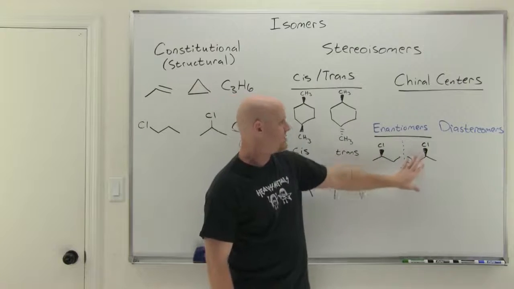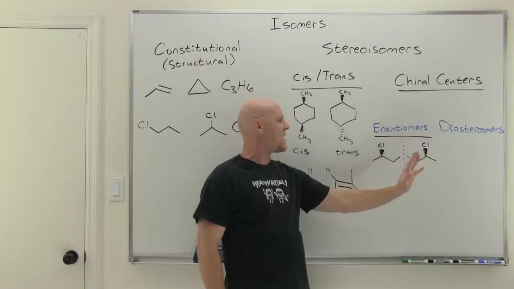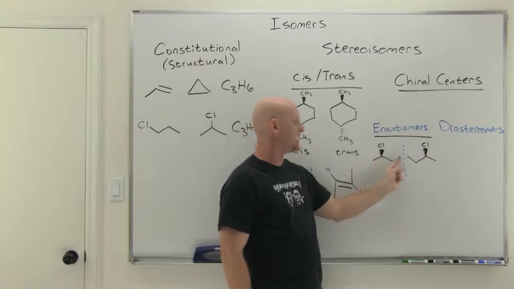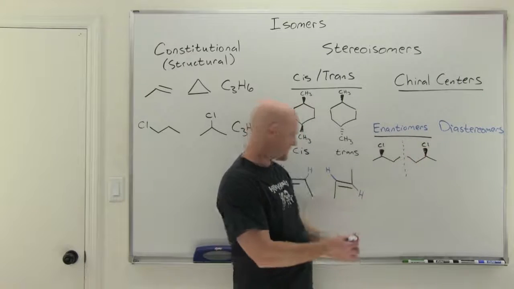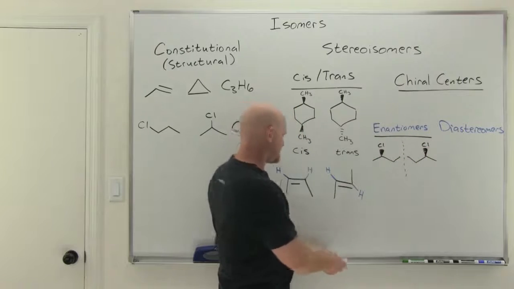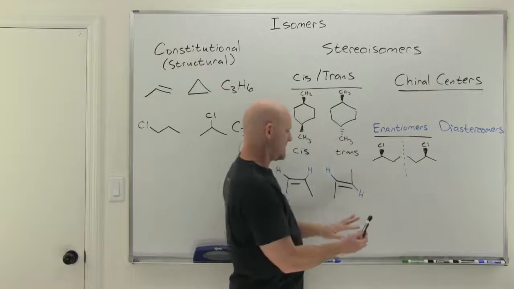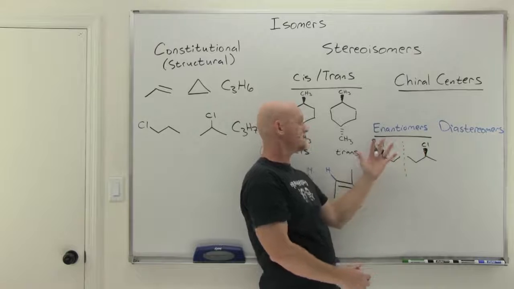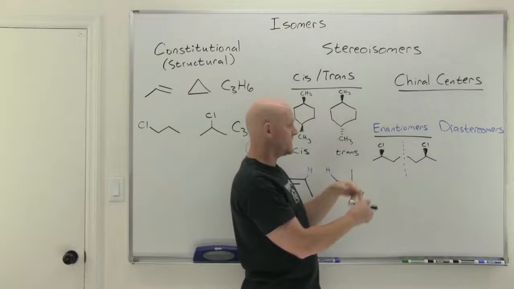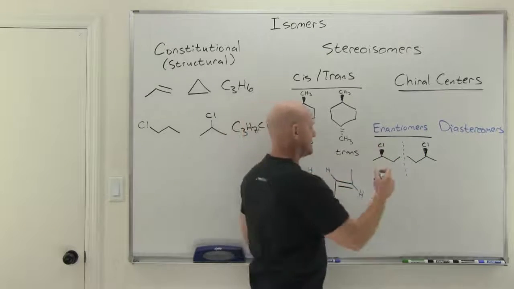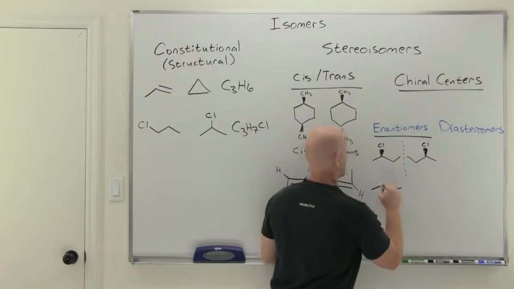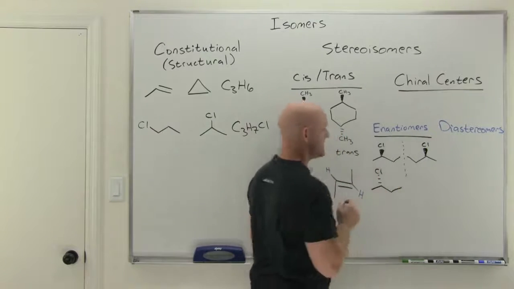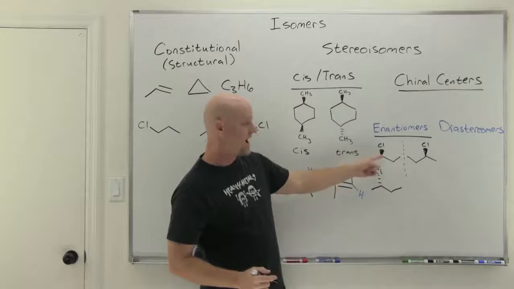However, if you actually rotated this one around to try and line up the carbon chain, by flipping it over, notice right now that chlorine is coming out of the board. By the time I flip the whole molecule over to line up the carbon chains, that chlorine would be going into the board. And it wouldn't look like this. It would look like this instead. And those are not the same.